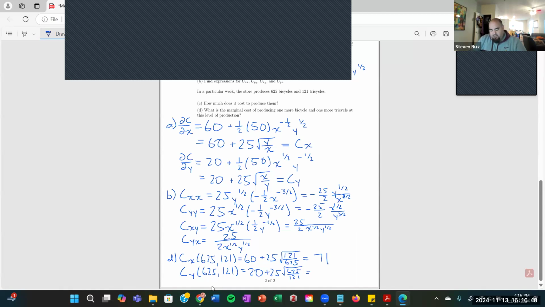Let me try it again. 625 over 121. Nope, got the same thing. This comes out to be 76.82. So it costs approximately $76.82 to produce the next tricycle at these levels. All right, so that's all for checkpoint 14.